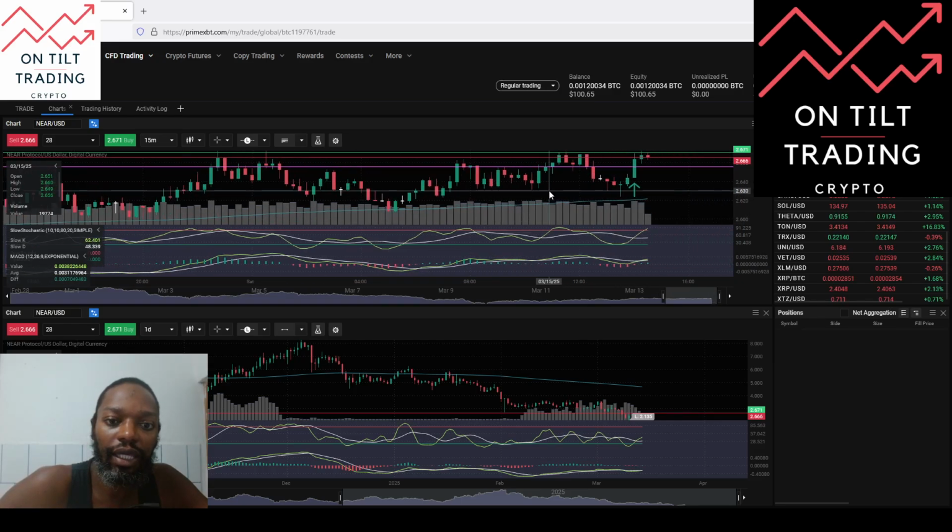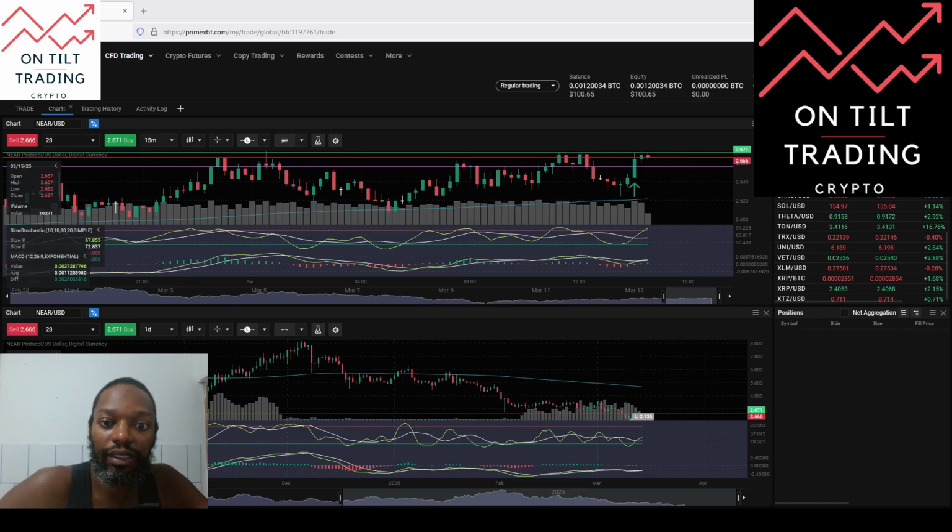I was looking at XRP at the time, so I wasn't watching this. Even though on the daily we're below the 200 EMA, here on the 15 you can see that we are trading above the 200 EMA. So when I see this, it gives me some need for caution.